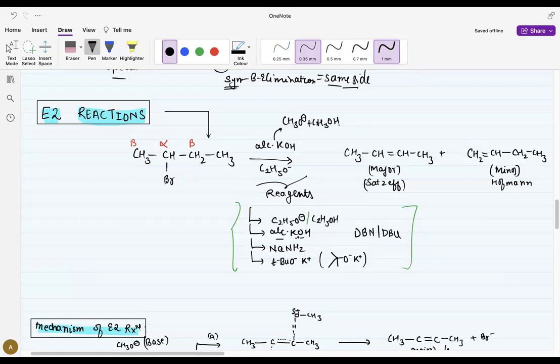Second, they have given alcoholic KOH. Third, if they write NaNH2, you should do elimination. If they write tertiary butoxide, a 3-degree carbon with oxygen minus, or DBN or DBU on the arrow, all these things are acting as a base. They will help us in doing the elimination reaction.